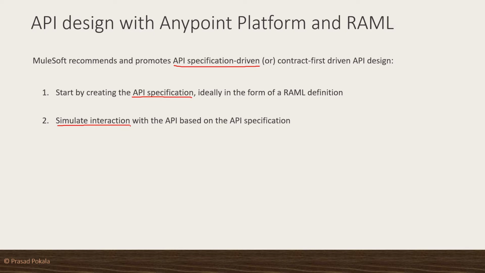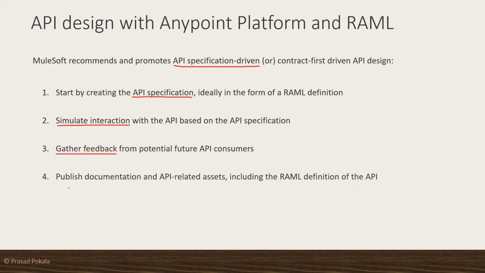Next, after doing these two, we have to gather feedback from the potential future API consumers as fast as possible. And also we have to publish documentation and API related assets, including the RAML definition of the API. Only then we have to start the implementation of the API.